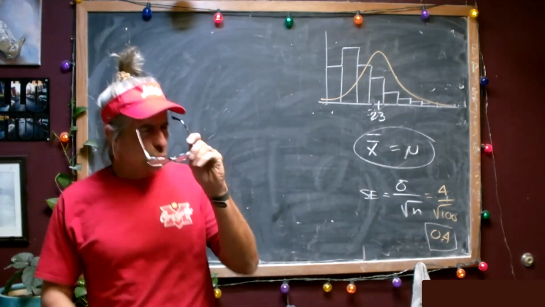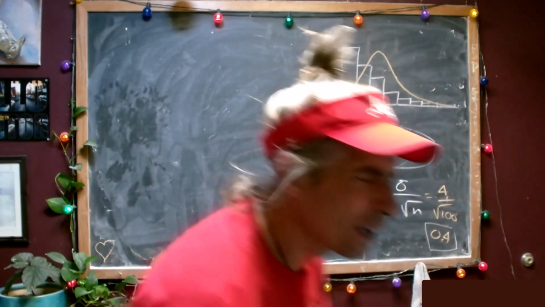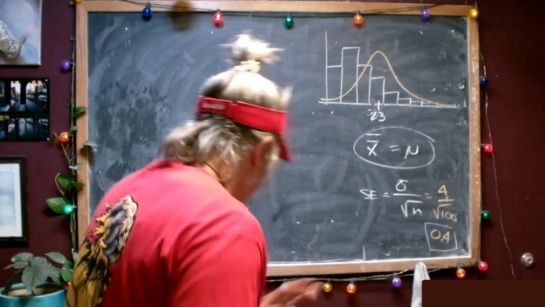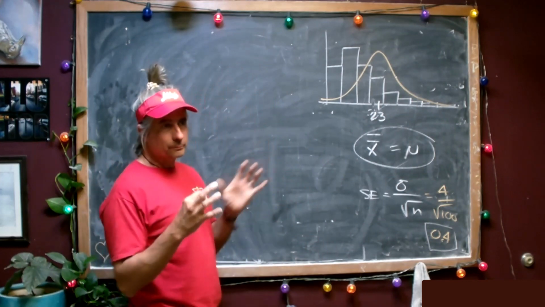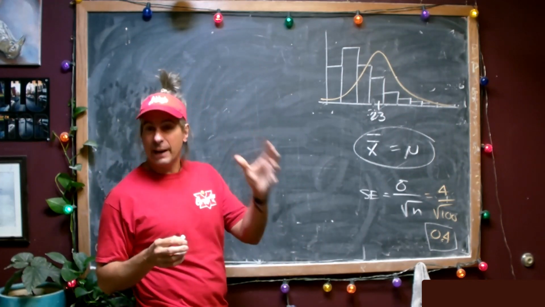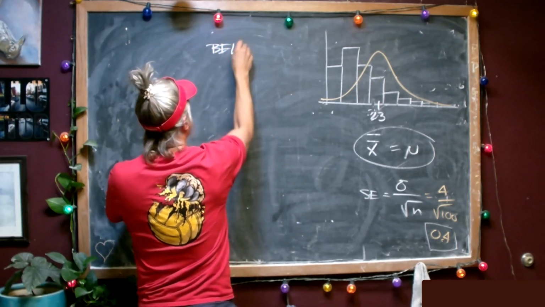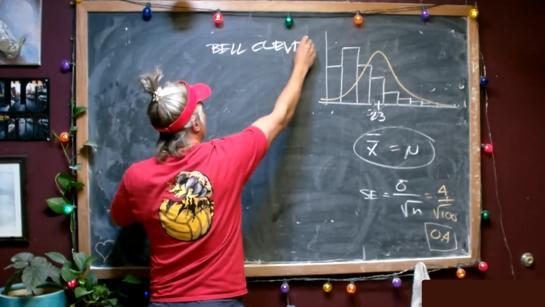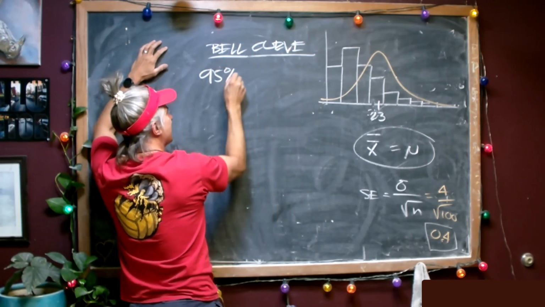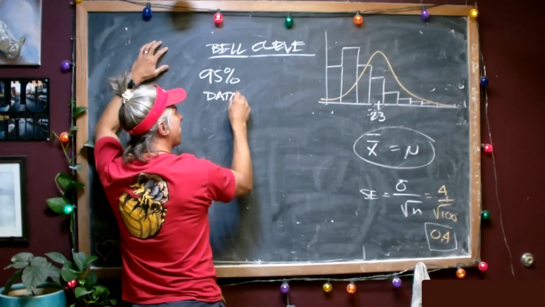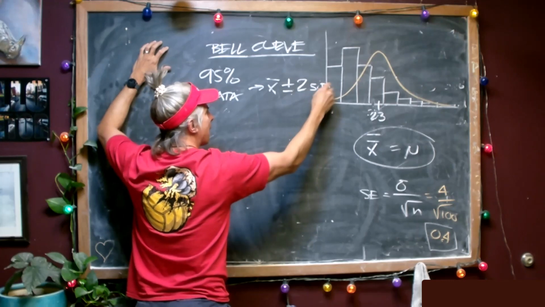Okay. Questions 4 and 5 ask about ranges. All of the sampling distribution ranges. The key of these is the percentages I gave you, the 95 and the 99.7. In a bell curve, we've been doing this for a couple weeks now, 95% of the data are trapped within 2 standard deviations.